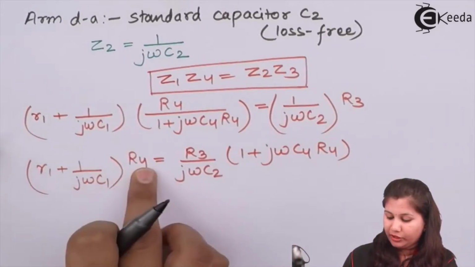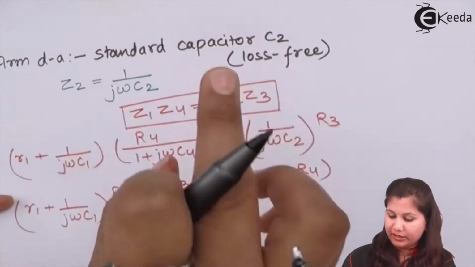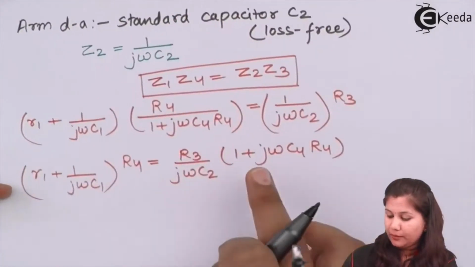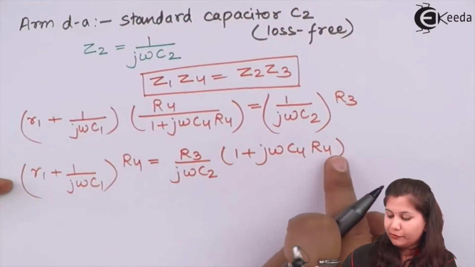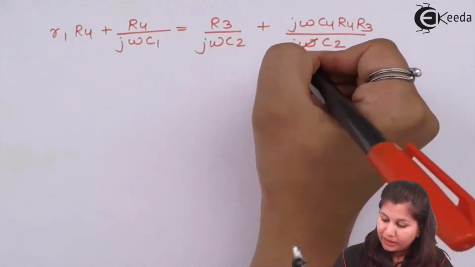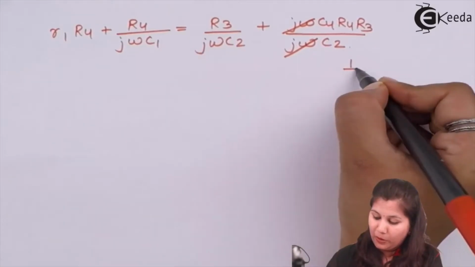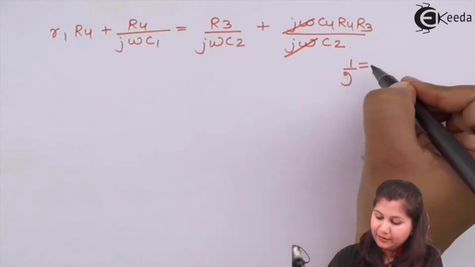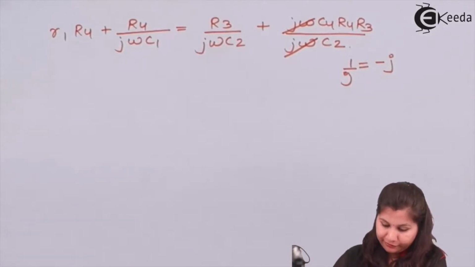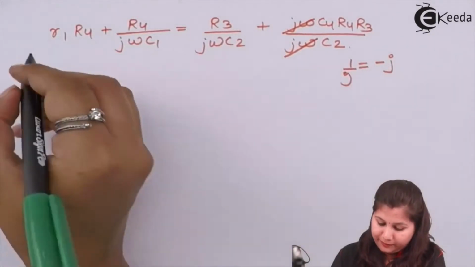So we have got R1 R4 plus R4 upon j omega C1 on the left hand side, and on the right hand side we have got R3 upon j omega C2 plus j omega C4 R4 R3 upon j omega C2. J omega will be cancelled. We know that 1 upon j can be written as minus j, so instead of 1 by j we will write minus j.